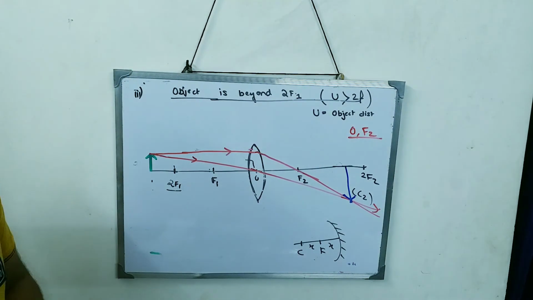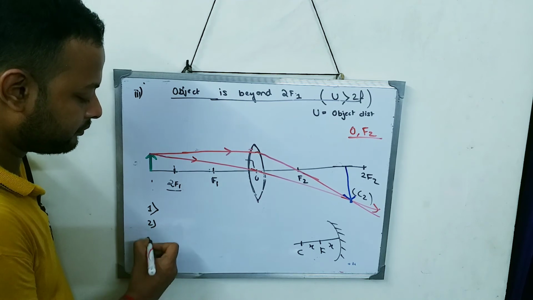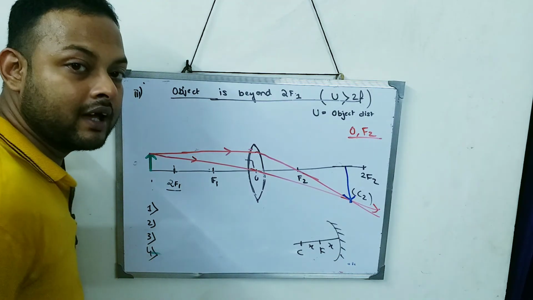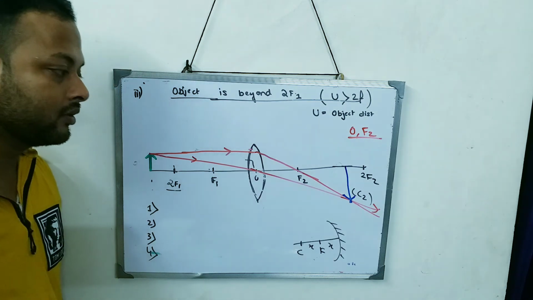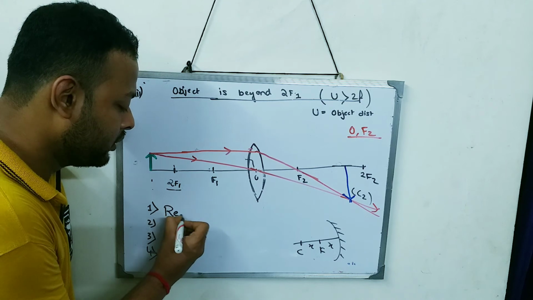Now what do we know about this image? The first thing is that this image is formed by the actual intersection of rays. You can see these are actual rays, so it will be a real image.